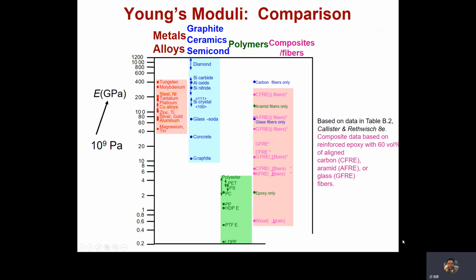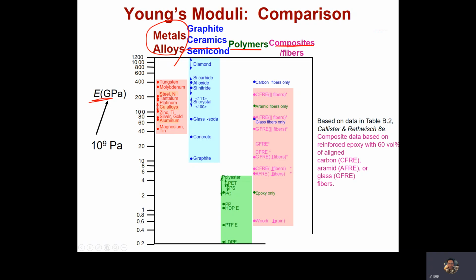Okay, so let's compare the materials property Young's modulus across different types of materials, like metal alloys, ceramics, polymers, and composites. What is the difference between them?